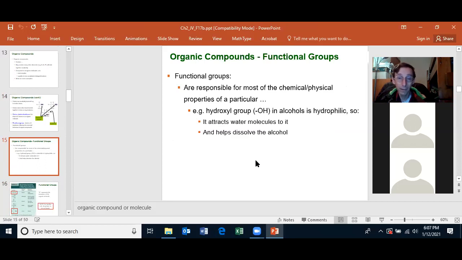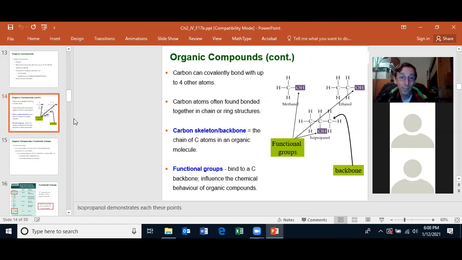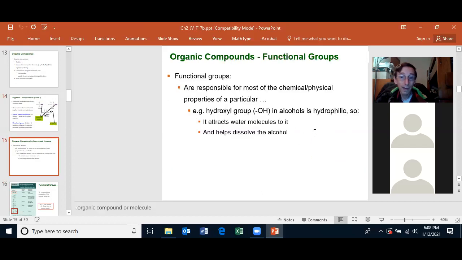And we mentioned that the hydroxyl group, the OH, in alcohols, changes the property of the molecule, making the alcohol, methanol, hydrophilic, so that molecule will be attracted to water and will dissolve in water. Methane, as you remember, is not attracted to water and does not dissolve in water.